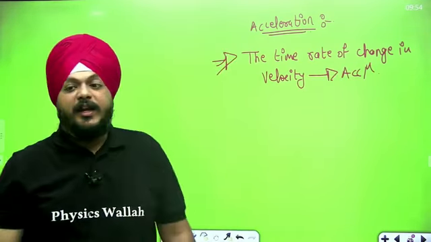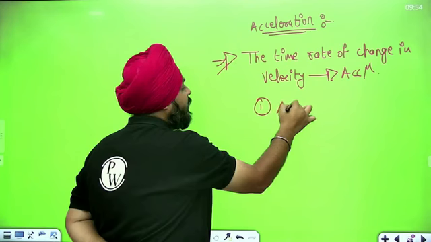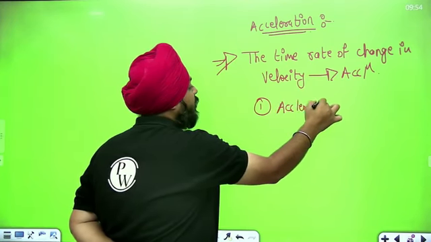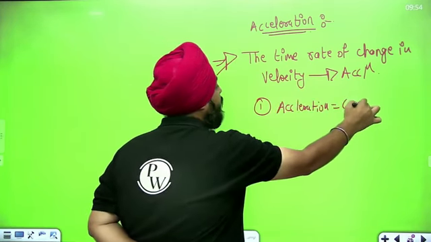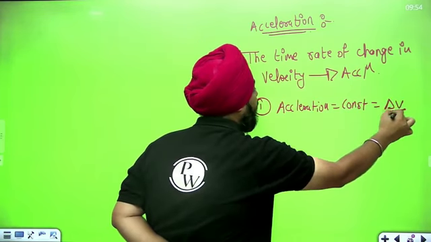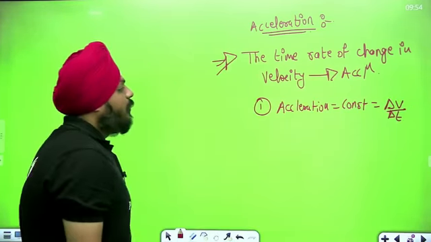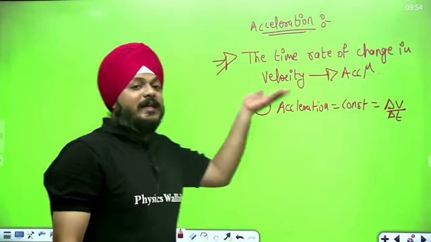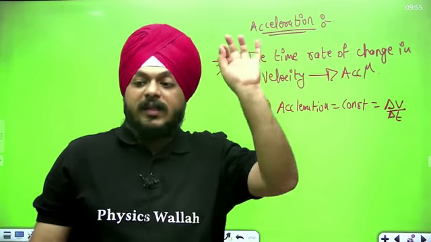In another sense, if acceleration is constant, then delta v by delta t is constant. If velocity is increasing or decreasing at a uniform rate, then I can say acceleration is constant. Acceleration is generally defined as delta v by delta t, change in velocity per unit time.